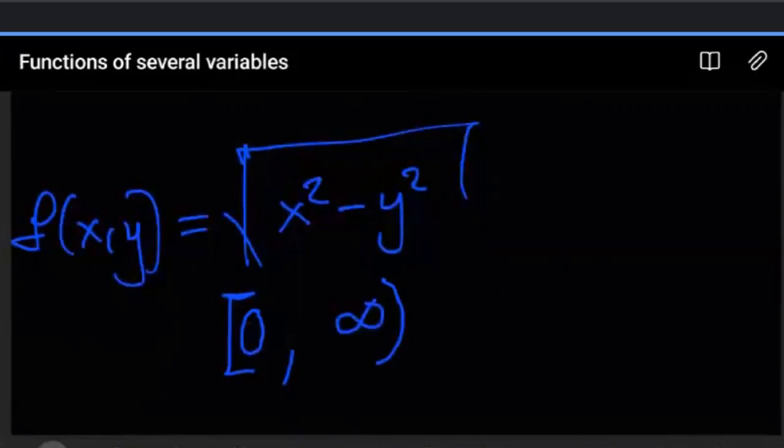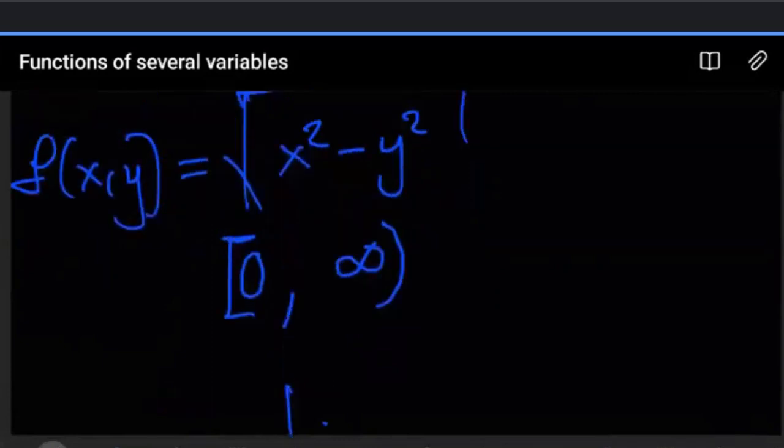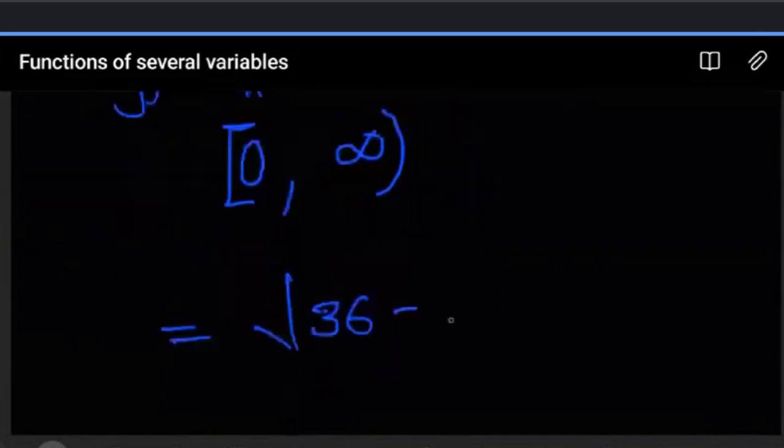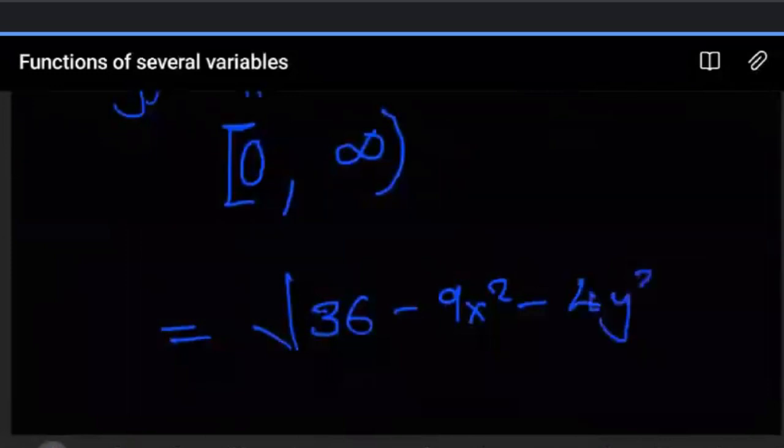Now, if we are given something like a number, in this case that is 36, we have 36 minus 9x squared minus 4y squared. Okay, so this is what we have in this case.